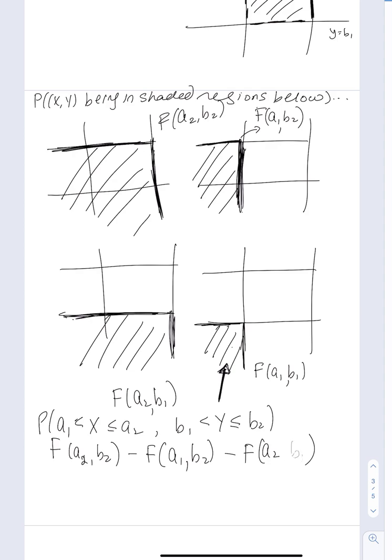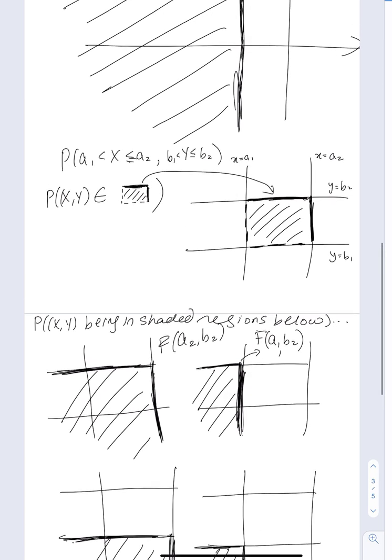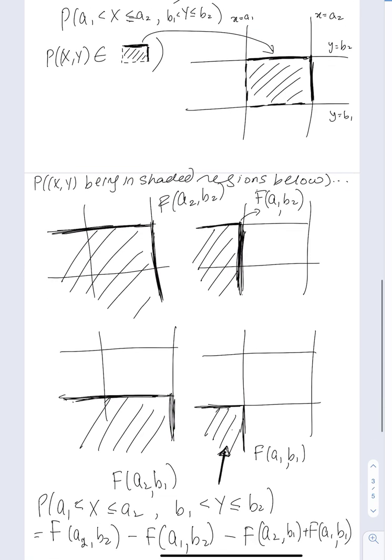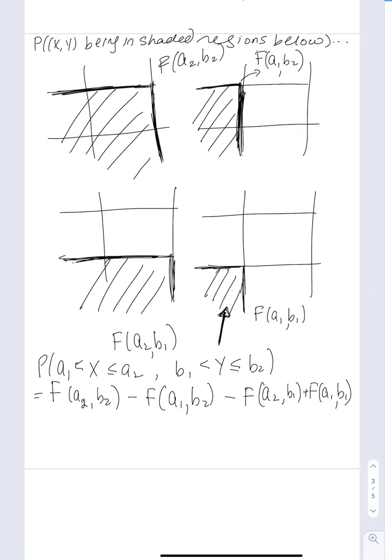Actually, let me just put that in this line. Okay, so it's just like inclusion, exclusion that you have seen when you're doing set theory. So it's just showing you how you can use a CDF to find the probabilities of X being in an interval and Y being in an interval.